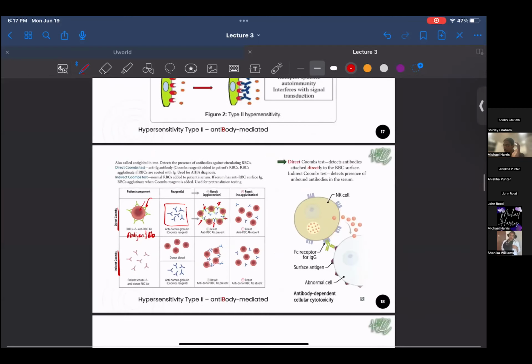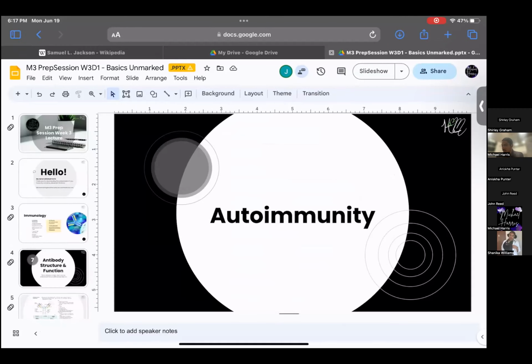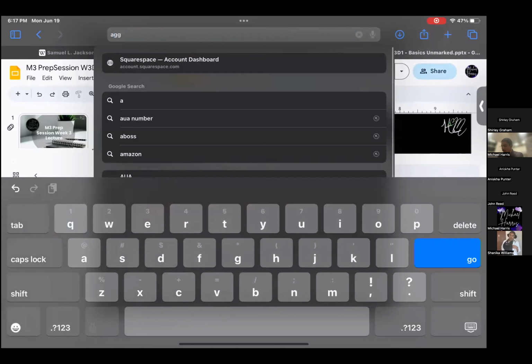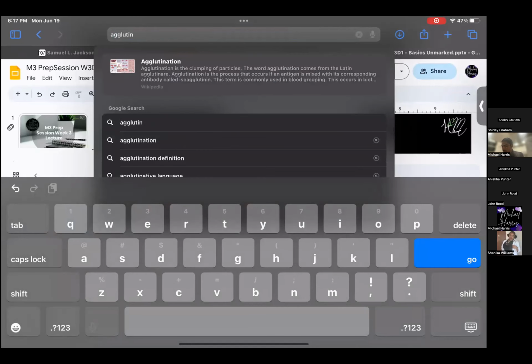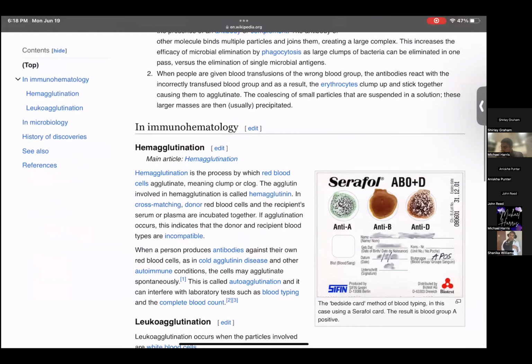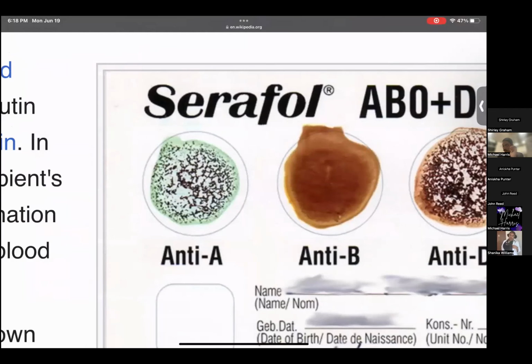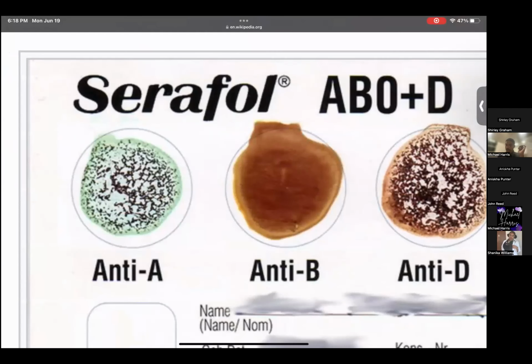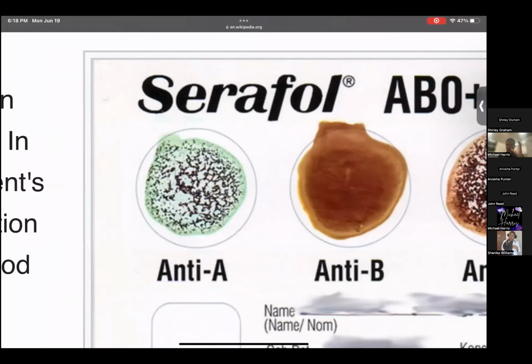Now, I'm going to show you a picture of it real quick. So this is very important. This here is an example of agglutination. A is agglutinated. You see how there's clumps inside that tissue? It's because of those antibodies binding to them, causing them to group up.